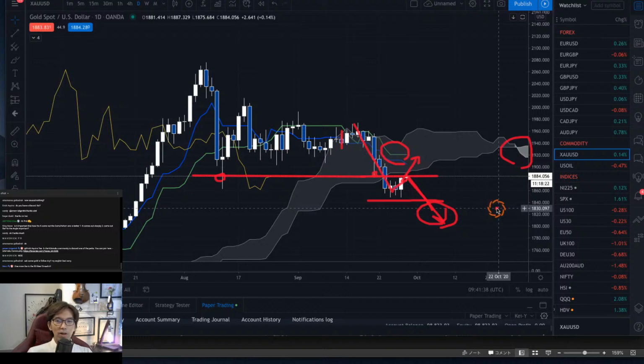Spans are supportive lines to these Tenkan Sen and Kijun Sen originally. So, better to master Tenkan Sen and Kijun Sen first, and then start to look at the Kumo and Chikou span as supportive lines. And that's the original intention from Goichi Hosoda.